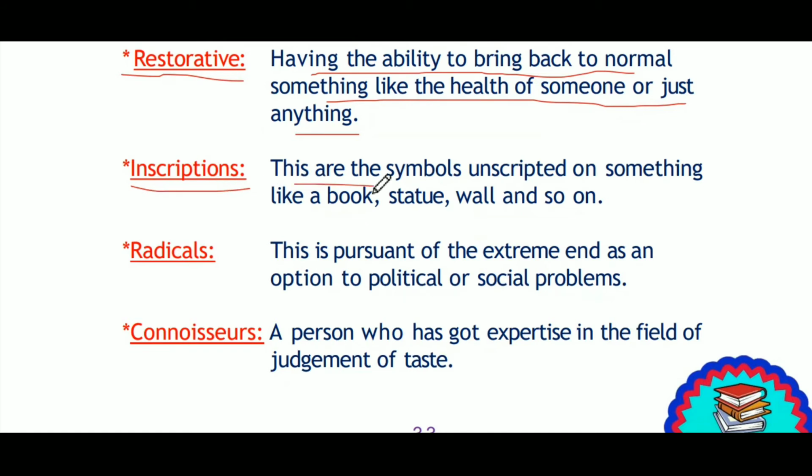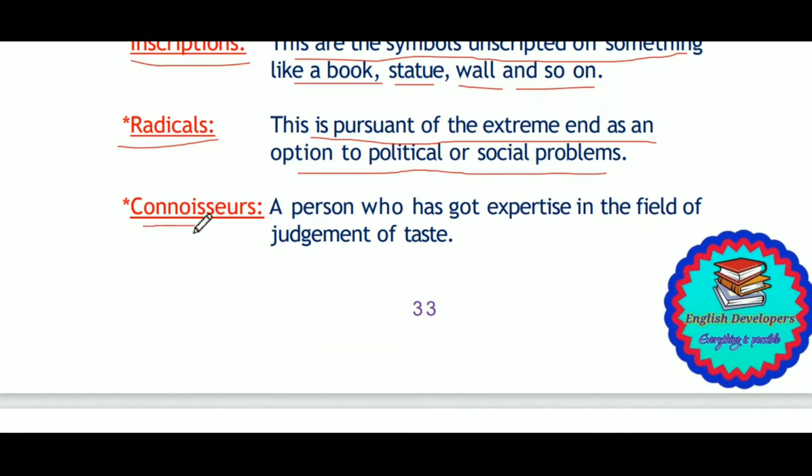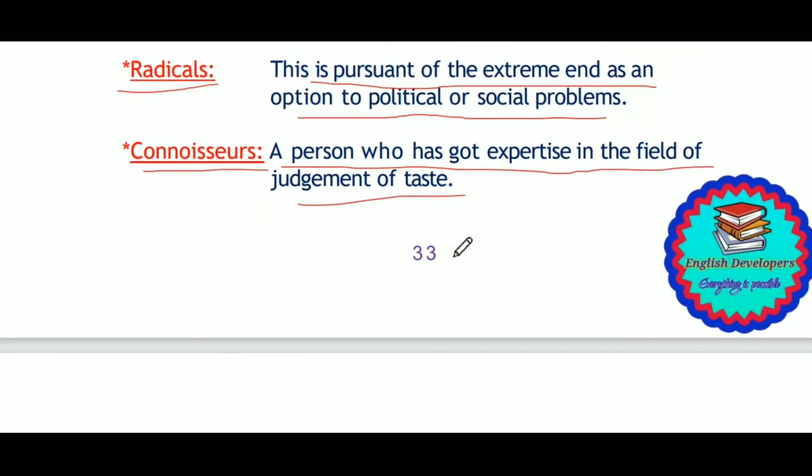These are the symbols inscribed on something like a book, statue, wall and so on. Next word is radicals. This is the pursuit of the extreme as an option to political or social problems. Next word is connoisseur, means a person who has got expertise in the field of judgment of taste.